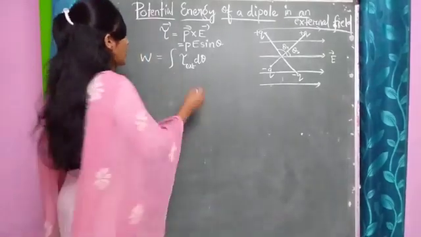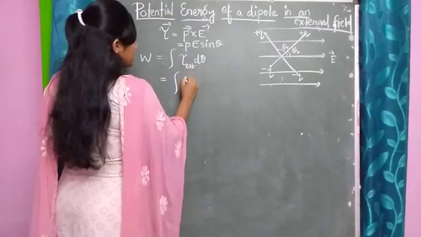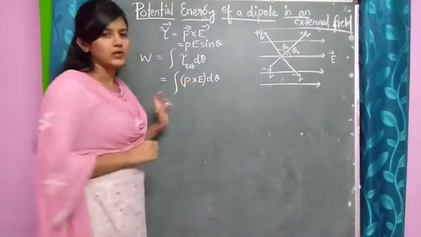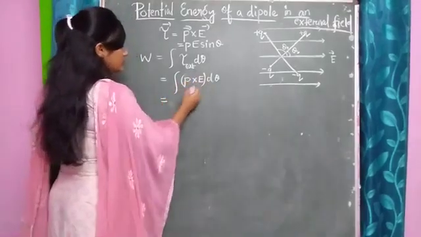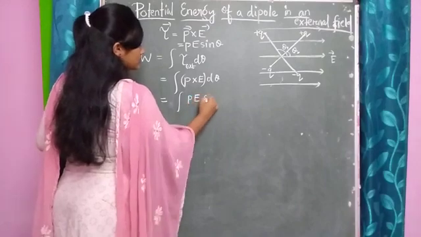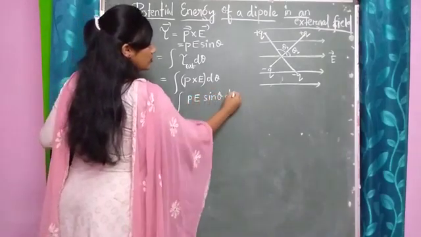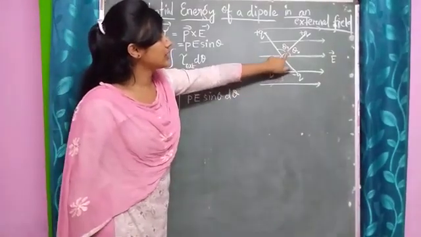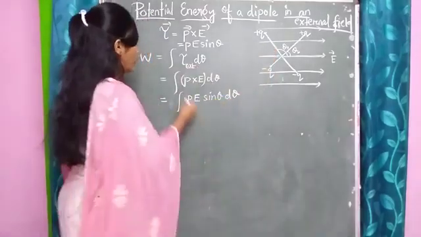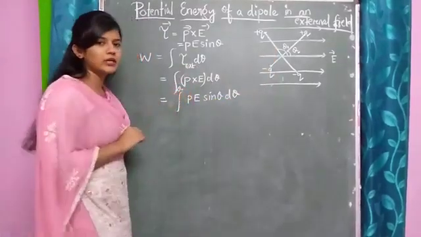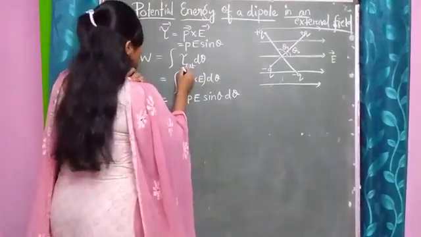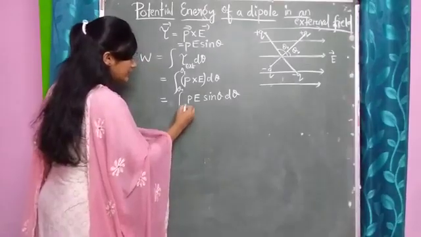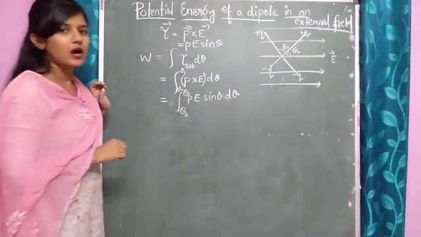So this tau will be P cross E, which becomes PE sin theta, into d theta, and the limit of theta will be from theta naught to theta 1.